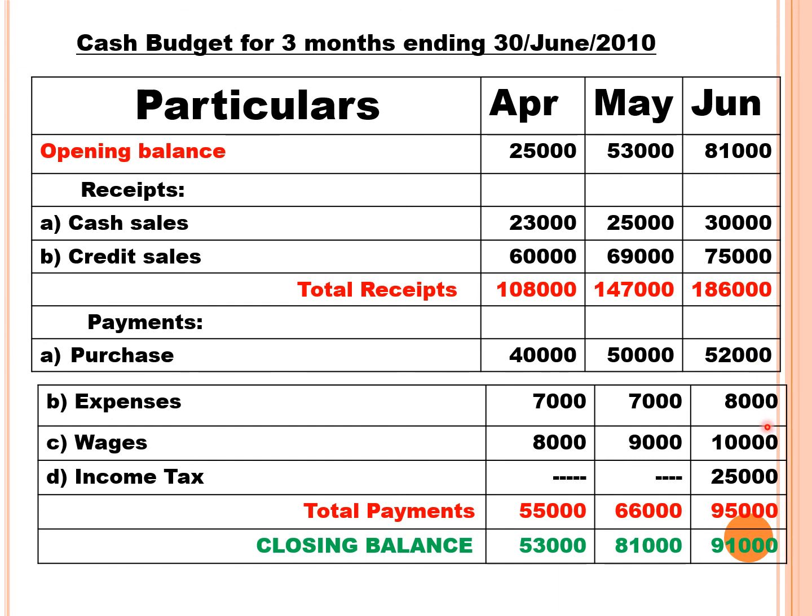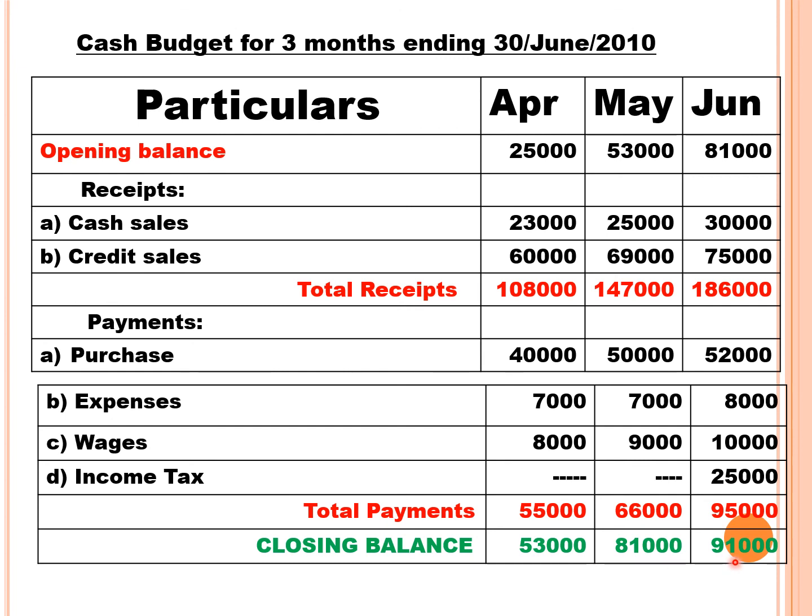May expense you pay in June. May wages you pay in June. And as additional information, you make payment of income tax in June alone, 25,000. So total payment 95,000. So 1,86,000 minus 95,000, you get 91,000. So these are the closing balances of 3 months.